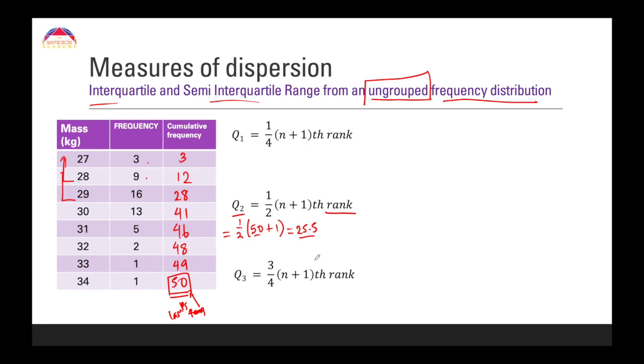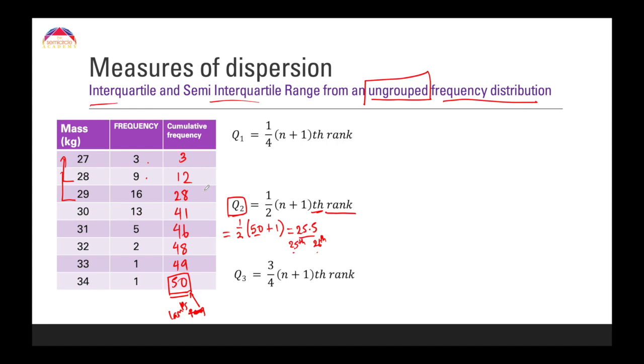So we got here 25.5 lambs, right? That means that you can't have 25.5 lambs. So the median is lying between the 25th lamb, the 25th ranking, and the 26th lamb. That is where the median is lying. And we did all of this last class, right? So we use the formula to find the rank, and the rank is between the 25th and the 26th. So let's go to our table here.